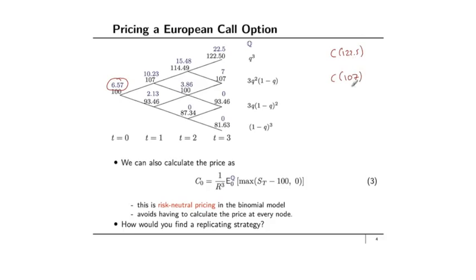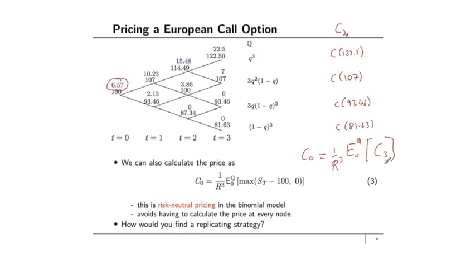C of 107, C of 93.46, and C of 81.63. Okay, so this could be the derivative payoff C3. There's some value at time t equals 3, and its value depends on the security price at t equals 3. So it could be a call option, a put option, or some other funky security. Then I can calculate this price as 1 over R cubed times the expected value, using these risk-neutral probabilities, of C3.